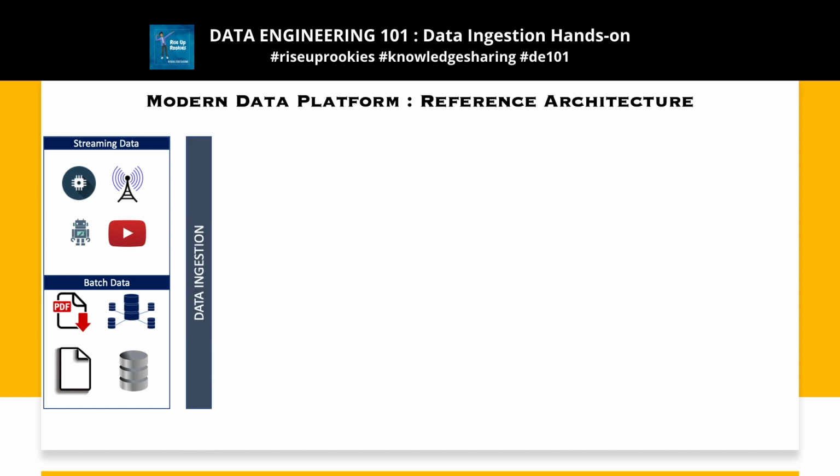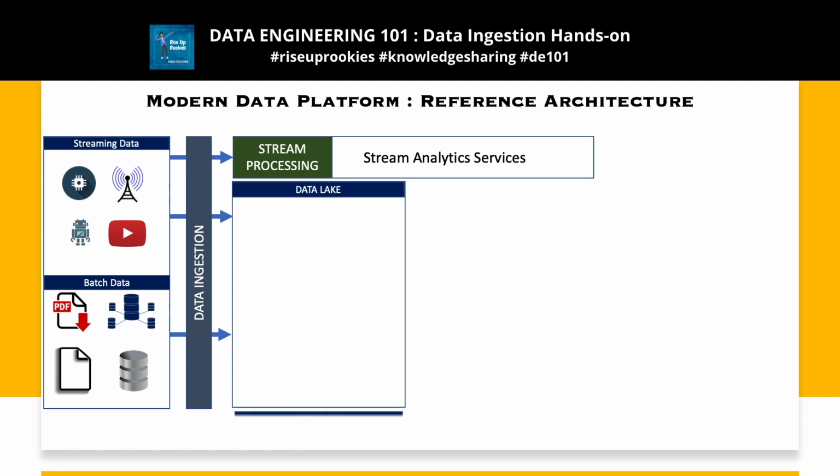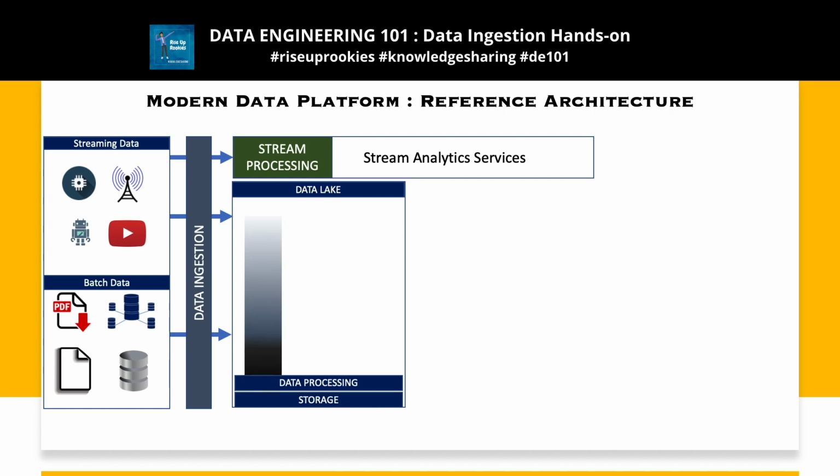So then comes the data ingestion layer, where you will be loading the data to corresponding layers. So the stream data goes into stream processing, stream analytics services, and a storage, and the batch data gets into a data lake, where you have data lake storage and data processing. Normally the data initially gets into a landing zone, which in some cases they call a staging layer, which is a transient layer.